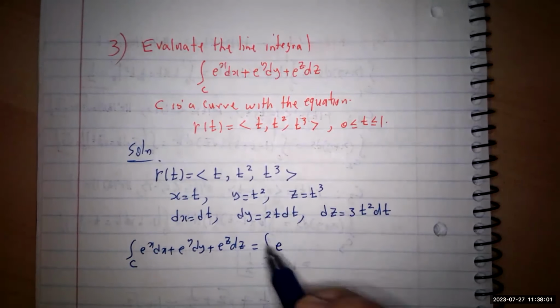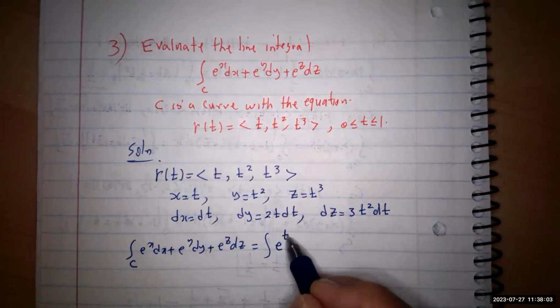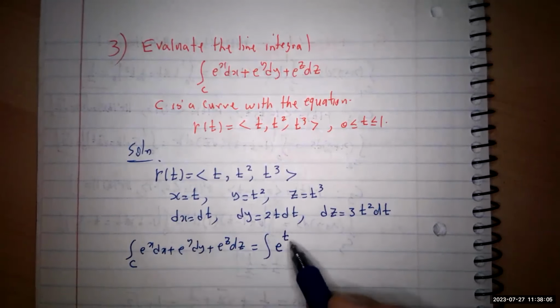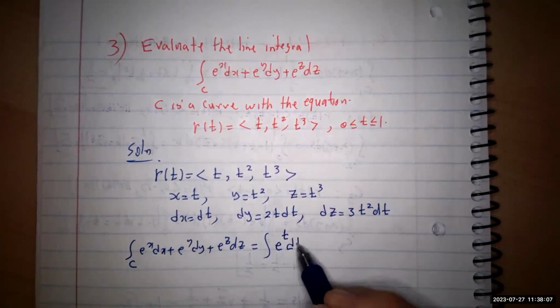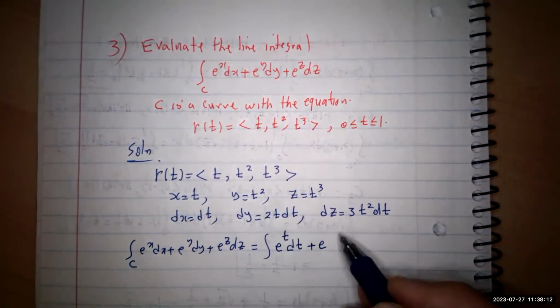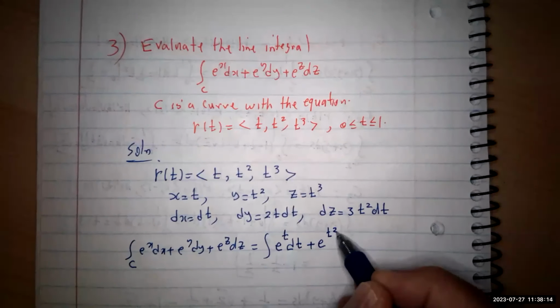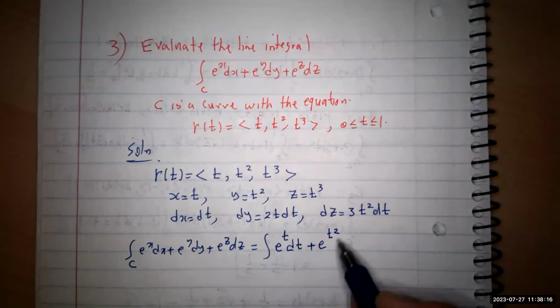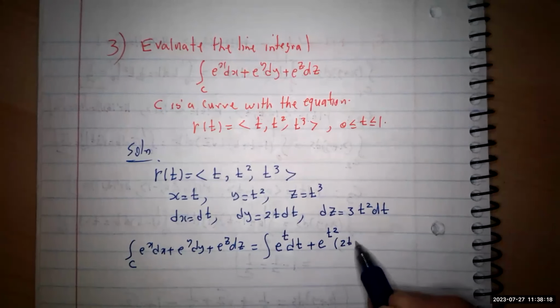What is x? x is t. Times dx, dx is dt. Plus e to the y. What is y? t squared. Times dy, dy is 2t dt.